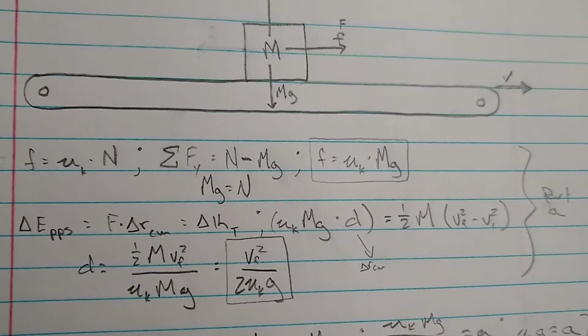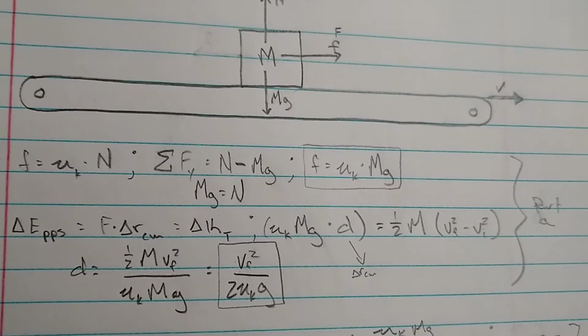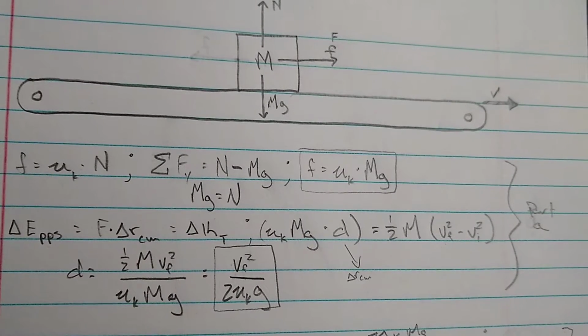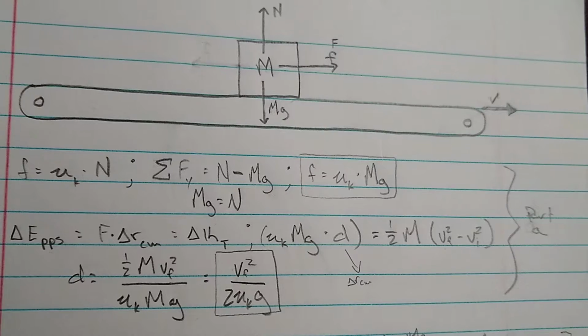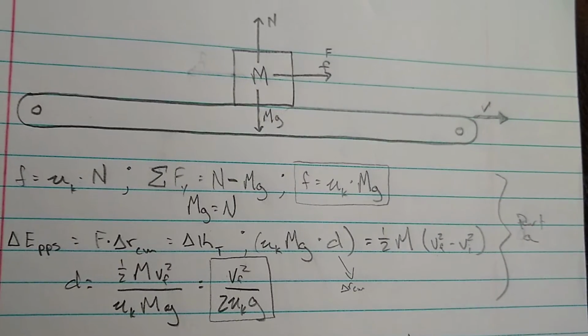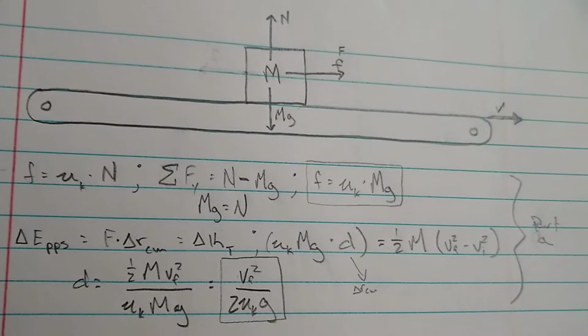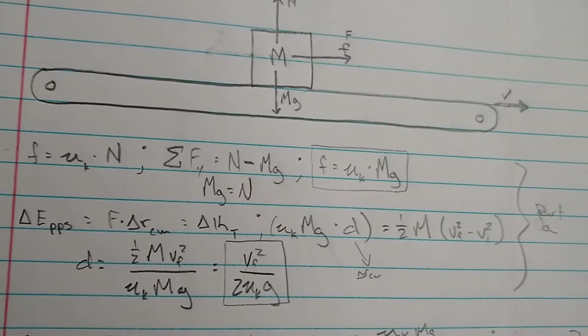And so we can go back to our frictional equation, replace the normal force with mg, and now we have the frictional coefficient times mg for our frictional force.